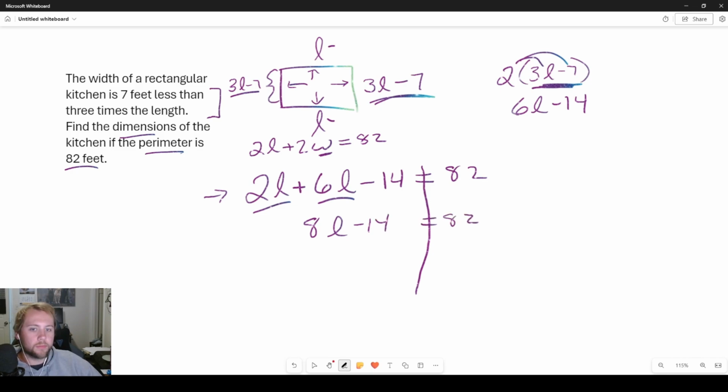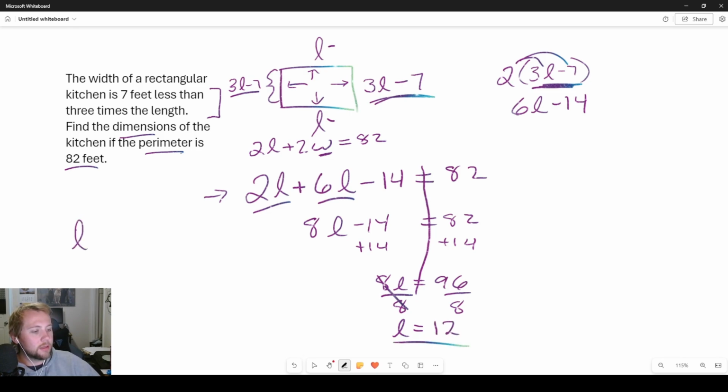Well, two-step equation. Let's add 14 to both sides. And I get 8L is equal to 96. So now we just need to divide both sides by 8. Divide this side by 8 and you just get L. Divide 96 by 8 and you get 12. So you know that the length is 12 feet.